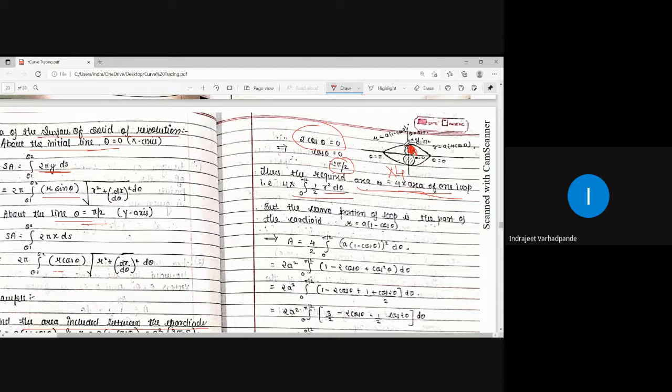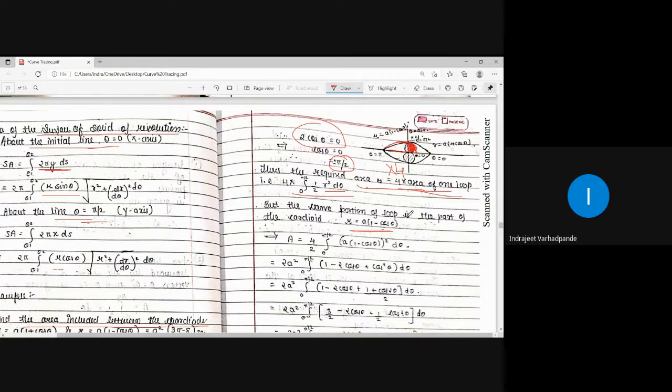Now, this portion of the loop, which cardioid does it belong to? On the left, the cardioid which appears on the left has the equation r is equal to a into 1 minus cos theta, right? So therefore the portion of the loop is the part of the cardioid r is equal to a into 1 minus cos theta.